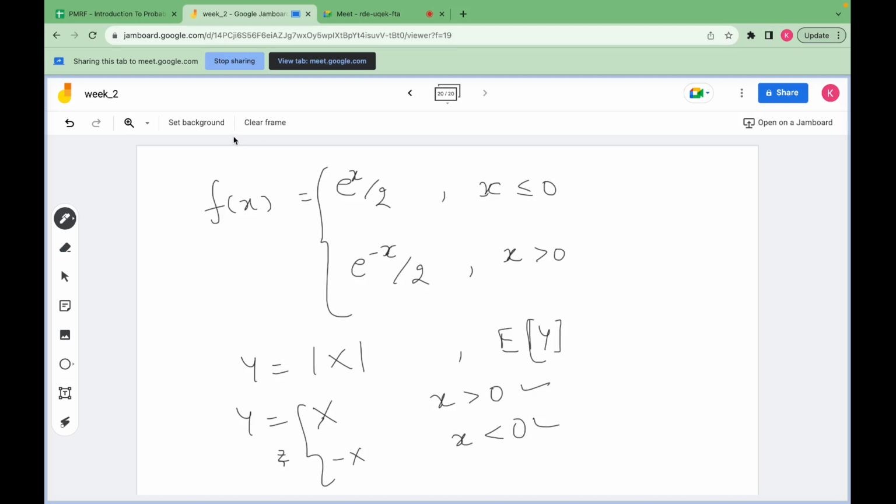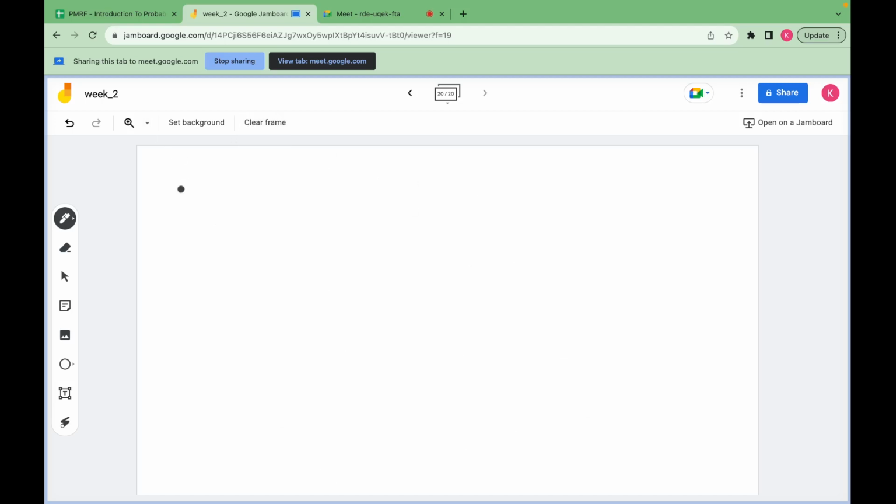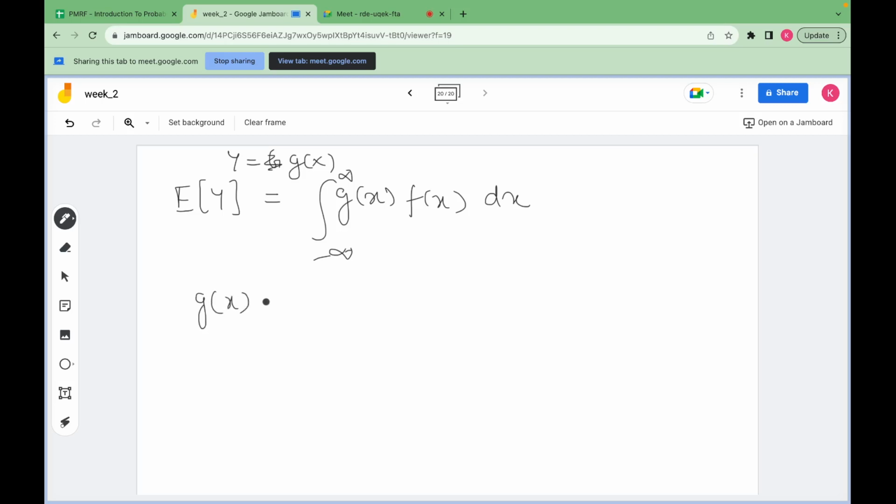Now expectation of y, which is some function of x, so we can write the expectation as integral of gx fx dx from minus infinity to infinity. Okay, gx is nothing here but the function that maps y with x.